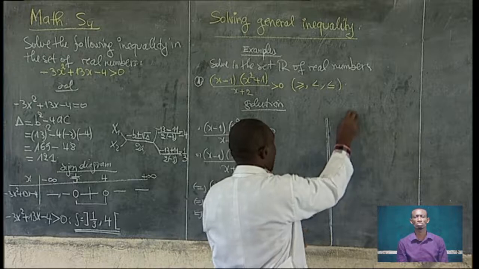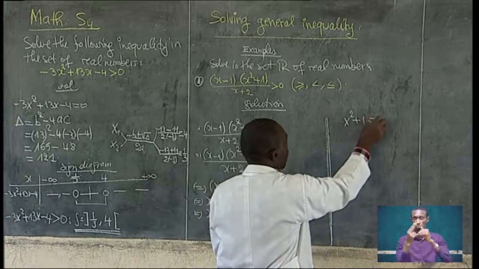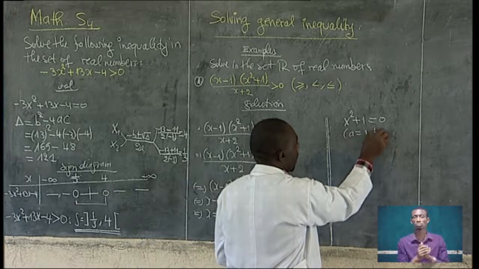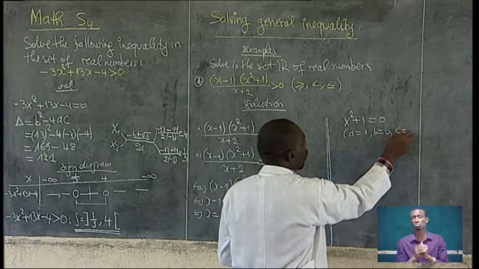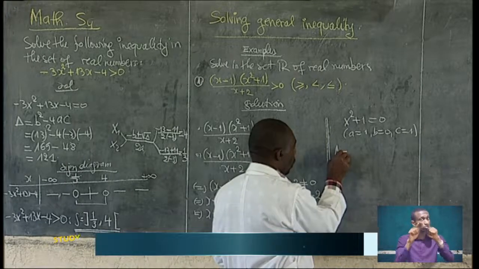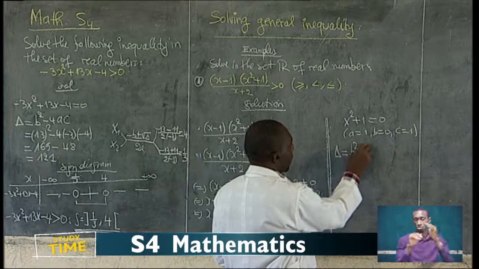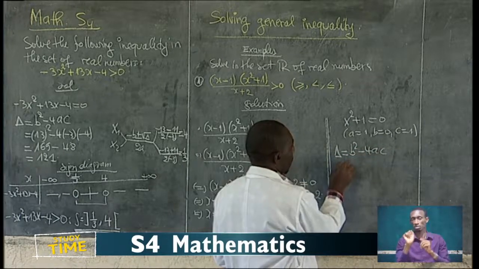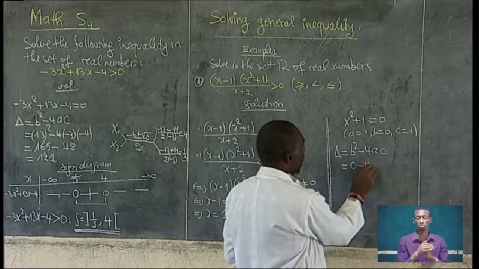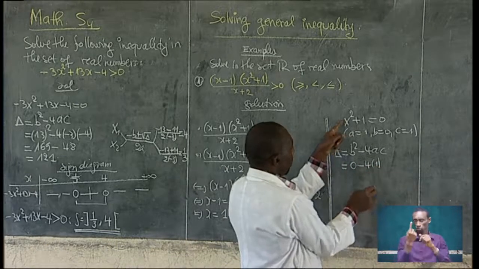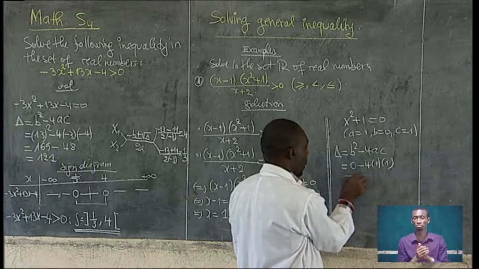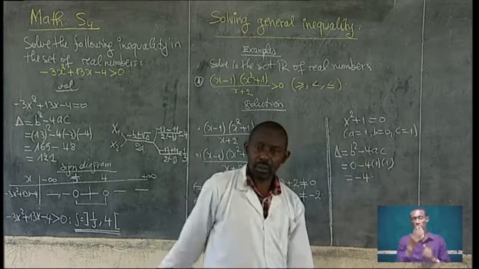When you take x squared plus 1 equals 0, here a is equal to 1, b equals 0, c is equal to 1. So the discriminant will be equal to b squared minus 4ac. b is 0, minus 4 times 1 times c, and I get negative 4.